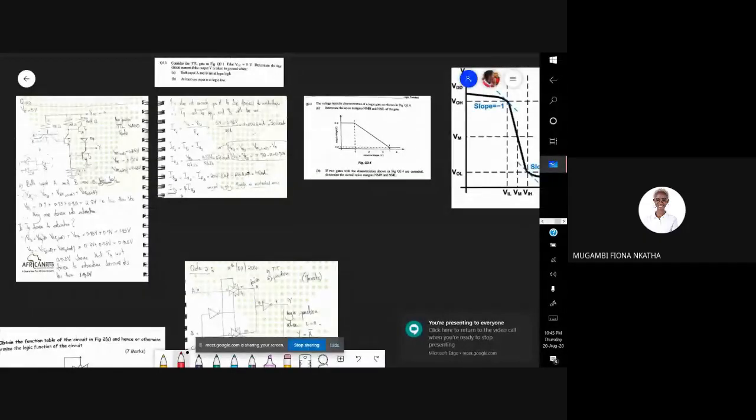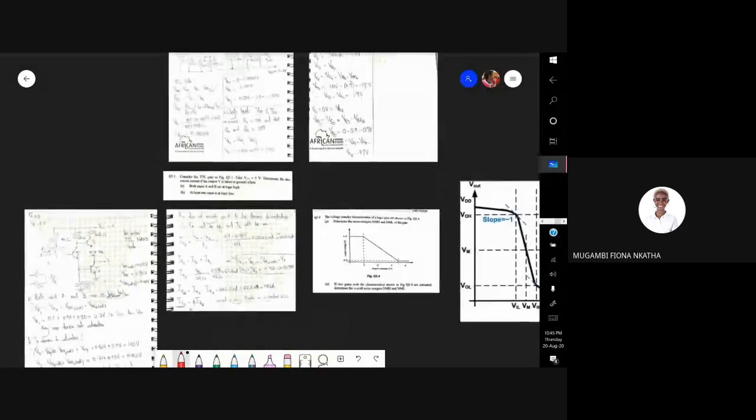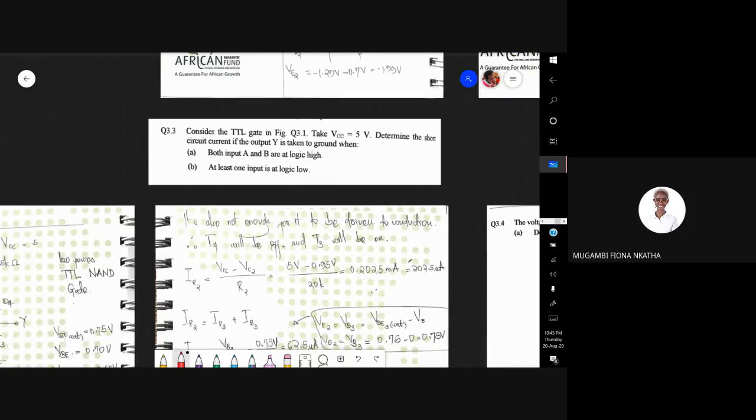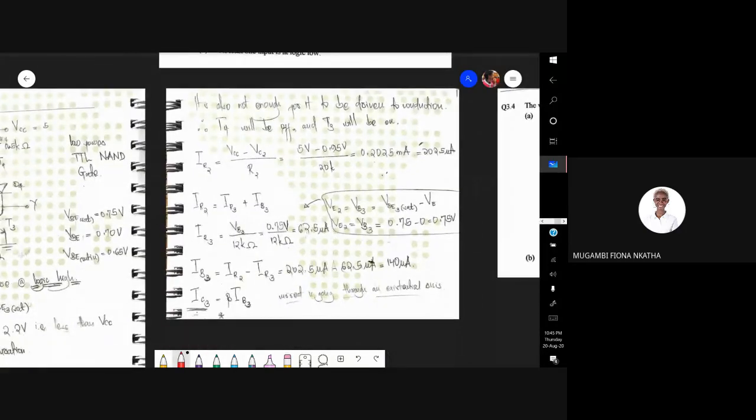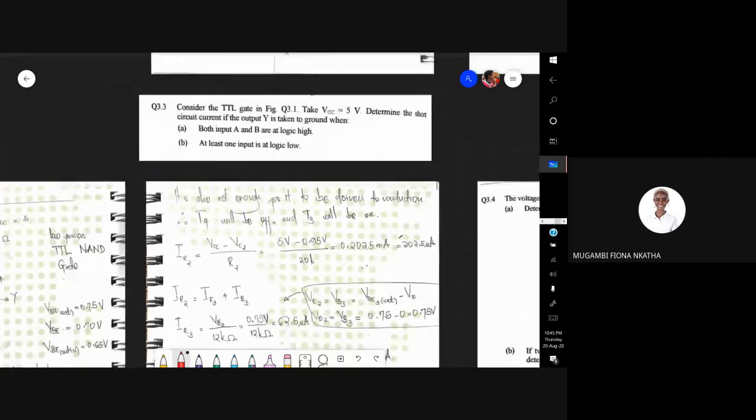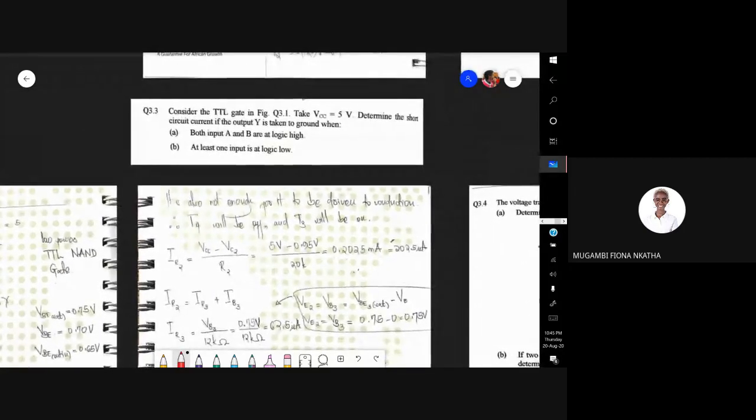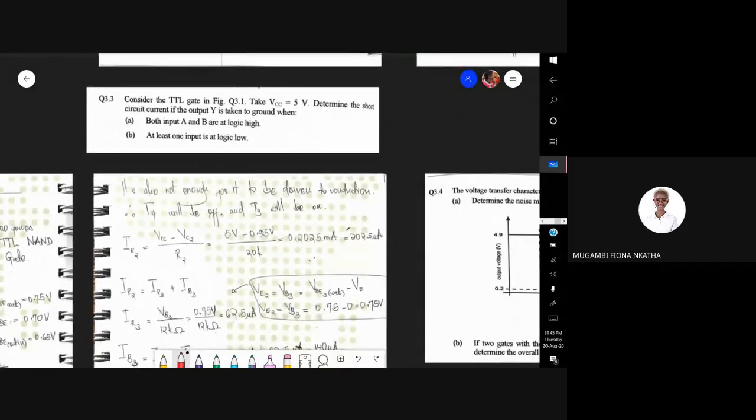Tuna had asked a question on question 3.3. It's on the DE book. This question was quite tough for us. I don't want us to present it yet because we found IB3 to be 140 microamperes and it's asking for the short circuit current if the output Y is taken to ground.